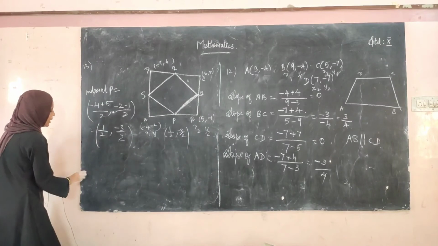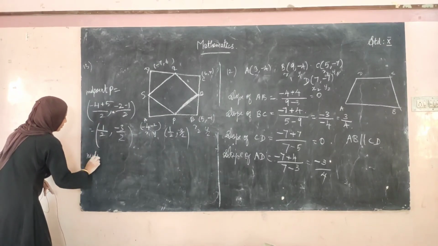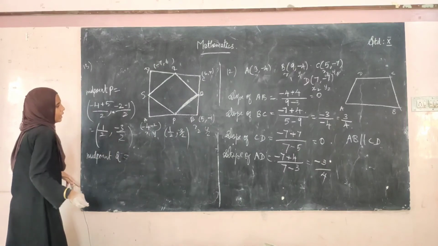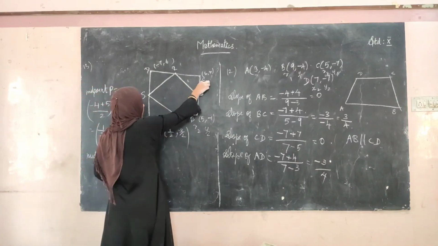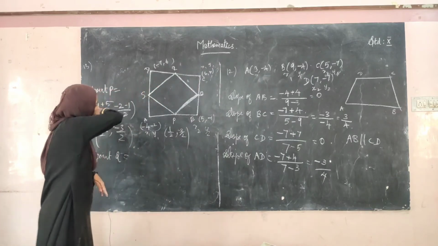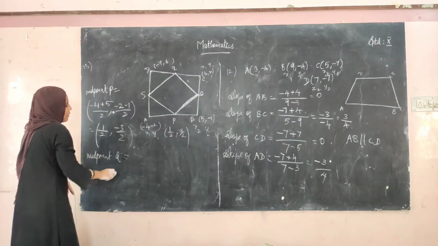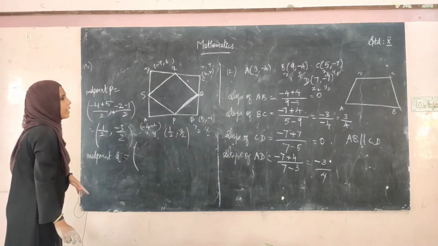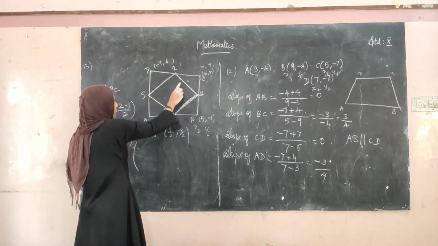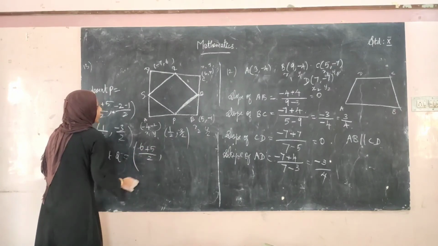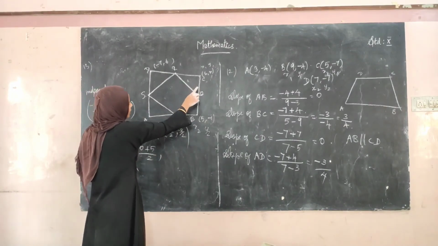Okay, and then midpoint Q. Let this be x1, y1, and let this be x2, y2. So x1 plus x2 divided by 2 comma y1 plus y2 divided by 2. What is x1 here? It is 6. 6 plus 5 divided by 2 comma, what is y1? y1 is 5.